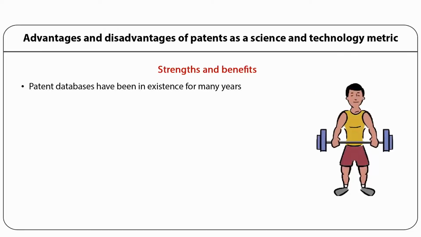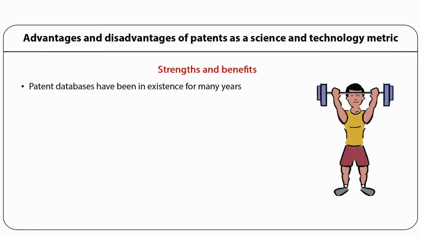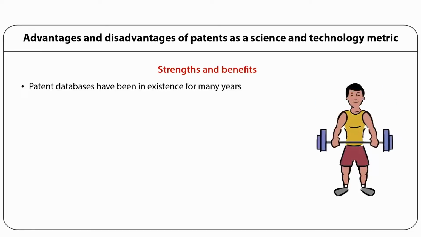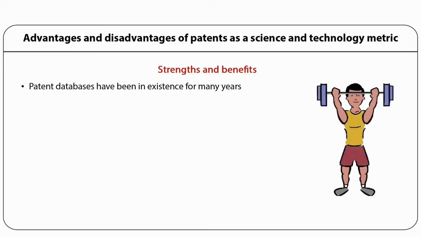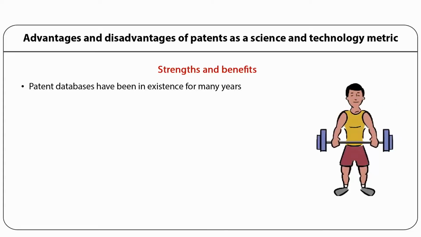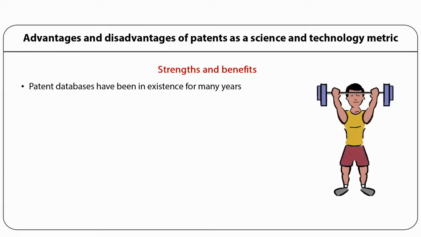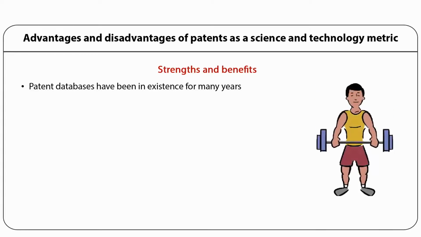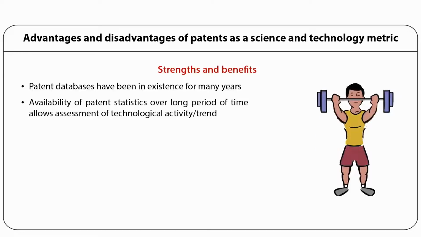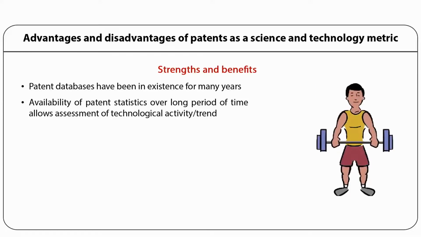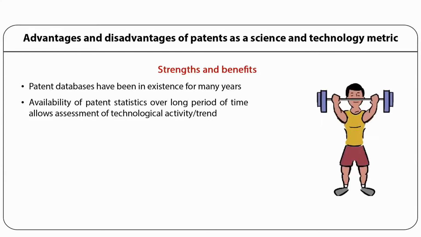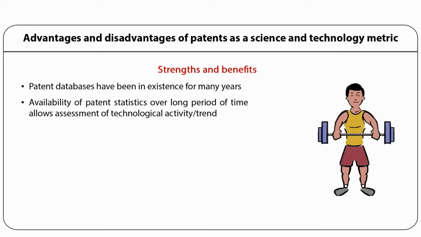For Indian Patent Office, you can trace it from 1911 onwards. In the US Patent Office, it goes back to the 17th century. Availability of patent statistics over a long period of time allows assessment of technological activity trend.